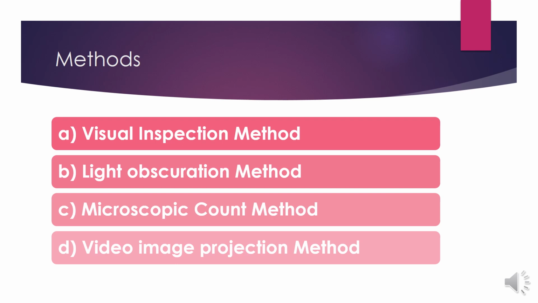The first method is for the observation of visible particles, whereas the remaining three are being used for checking those subvisible particles that cannot be observed or evaluated without the help of any equipment or instrument. These are the basic methods that are applied for checking clarity or particulate matter in the parenteral preparations.